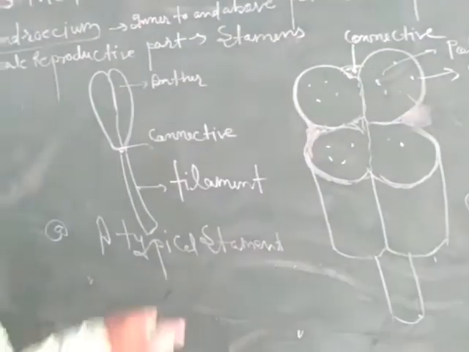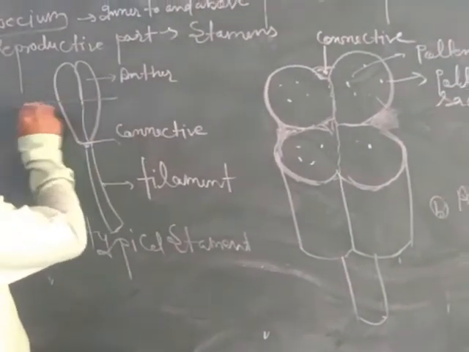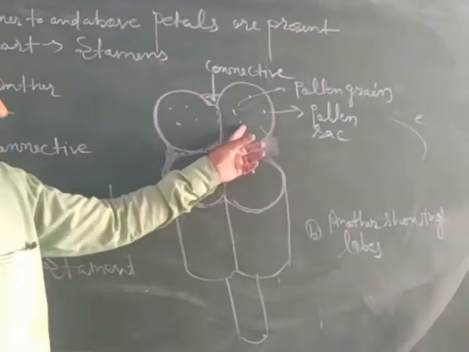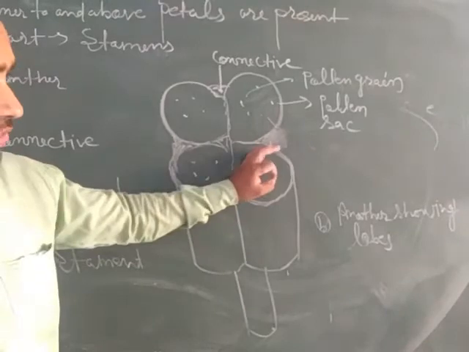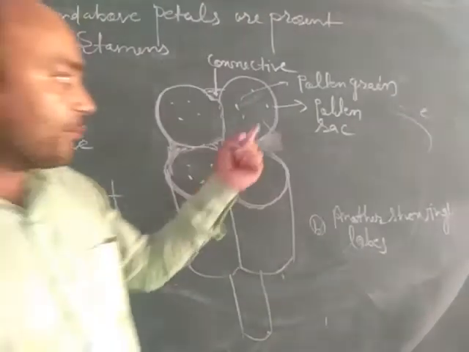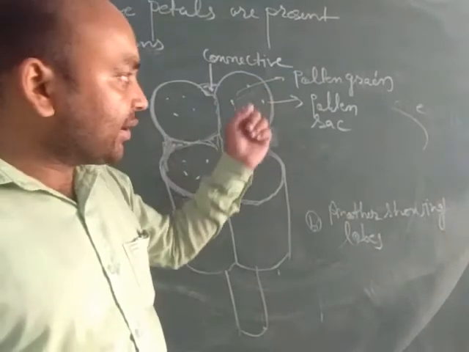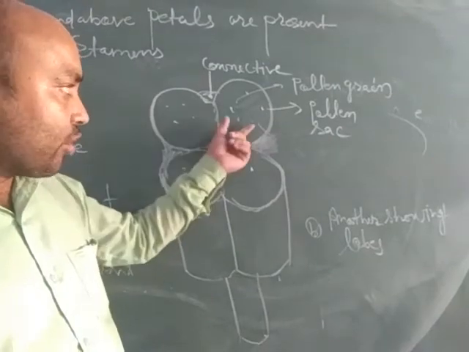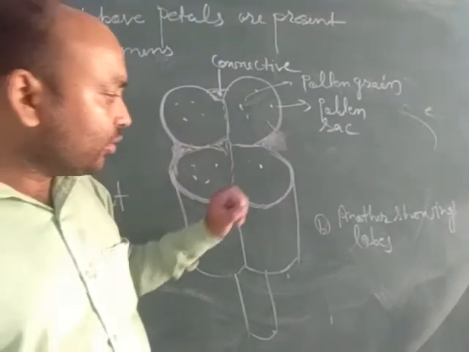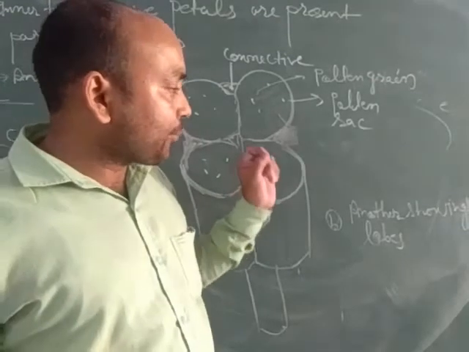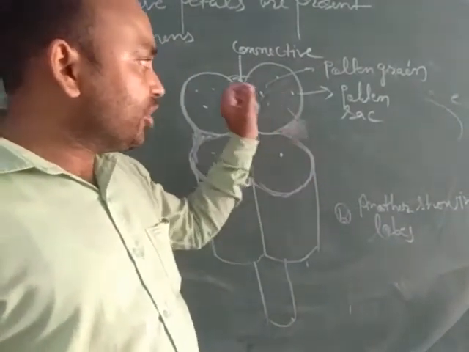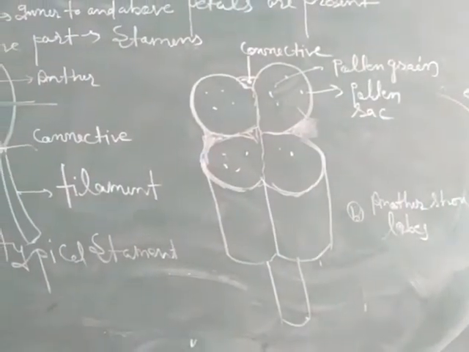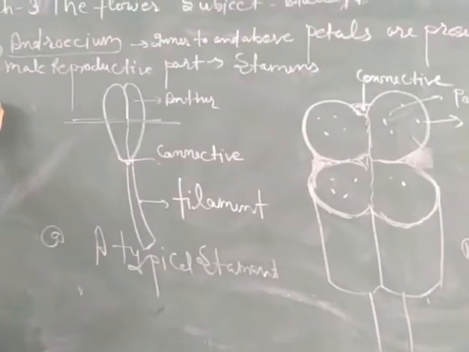Now, dear students, if we cut the anther in this way, in a section, we watch four lobes. Each lobe is called a pollen sac. The pollen sac contains pollen grains, which are the male reproductive units involved in the process of fusion with the female gamete, that is the ovum, during fertilization.